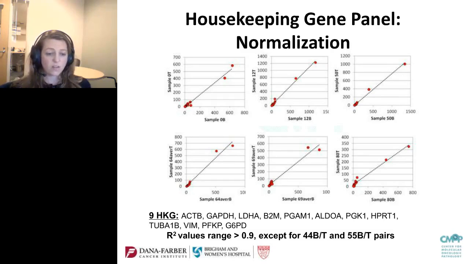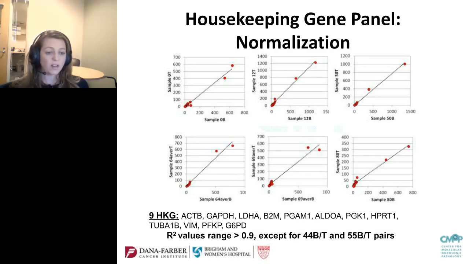We looked at 9 normal housekeeping genes: ACTB, GAPDH, LDHA, B2M, PGAM1, ALDOA, PGK1, HPRT, PFKP, and G6PD. These are well-characterized endogenously expressed genes that should be prevalent in most sample types.